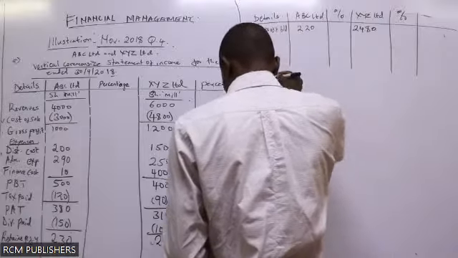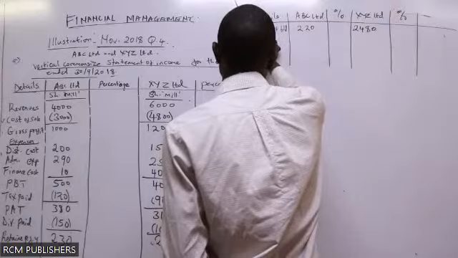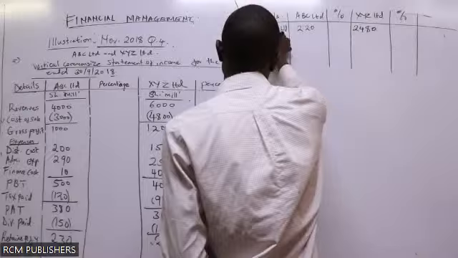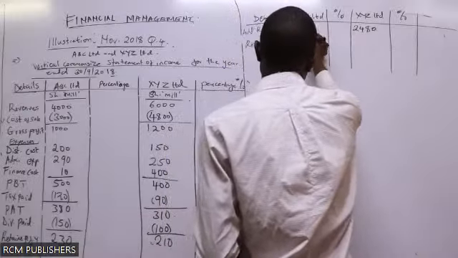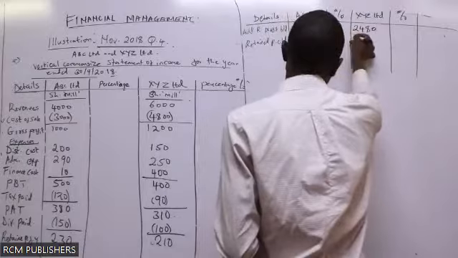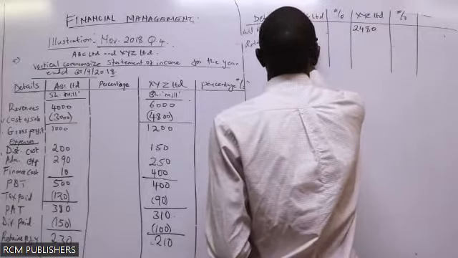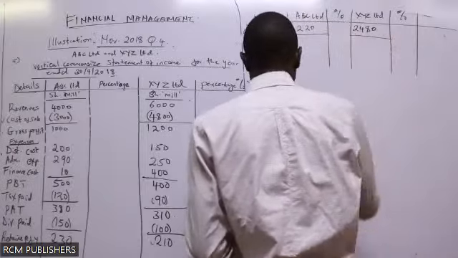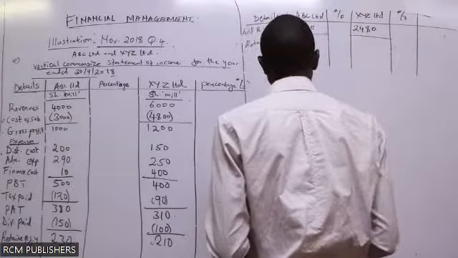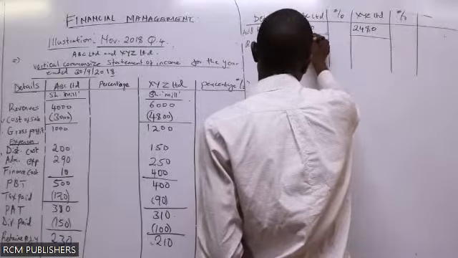Then we have retained profit carried down. Now this one we shall be having 450.